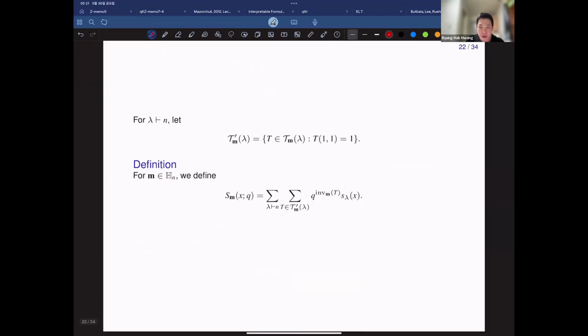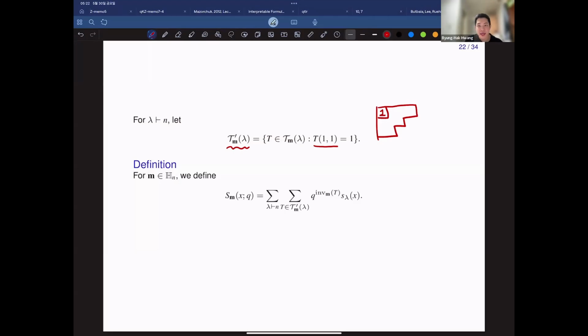And as before, we want to define a variant of the chromatic quasisymmetric function, so we define a new subset of P-tableaux, denoted by T prime of m, which is the set of the P-tableaux of shape lambda whose first entry is equal to 1, which means your tableau should have 1 here.